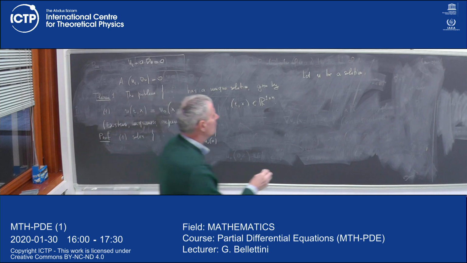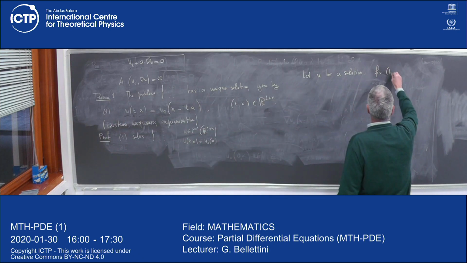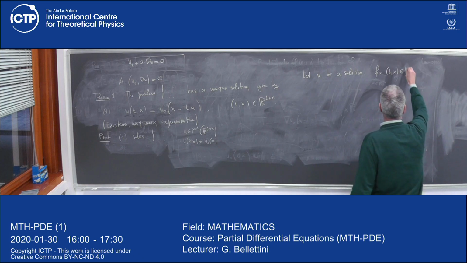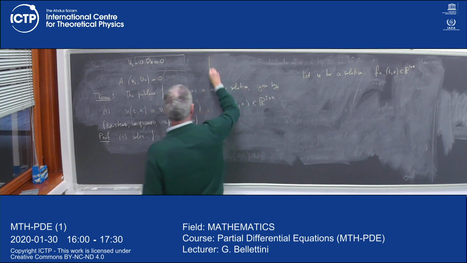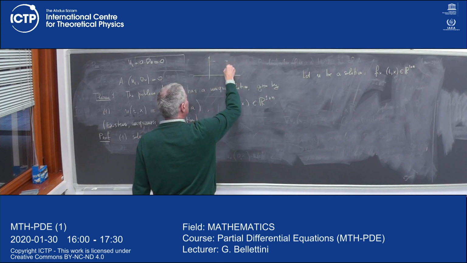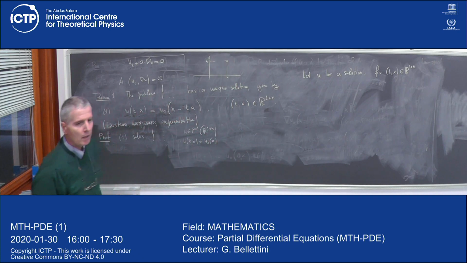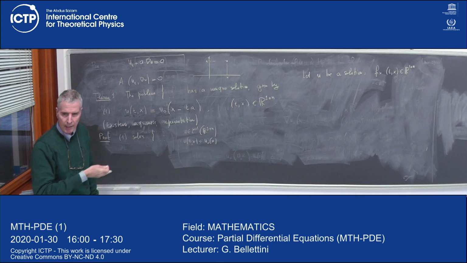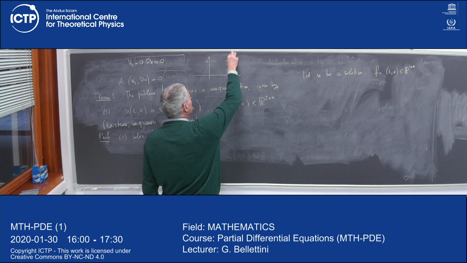So fix a point (t,x) somewhere, and now I move along the line parallel to capital A, passing through this point.